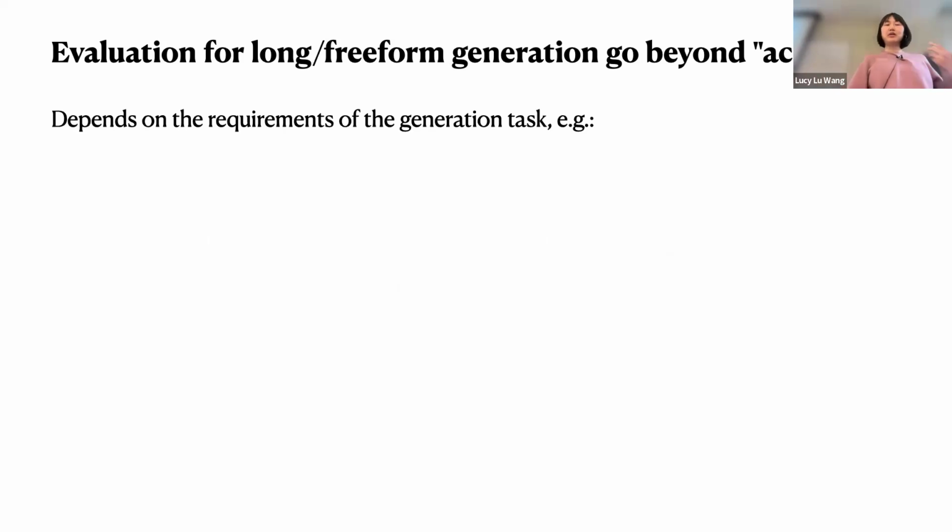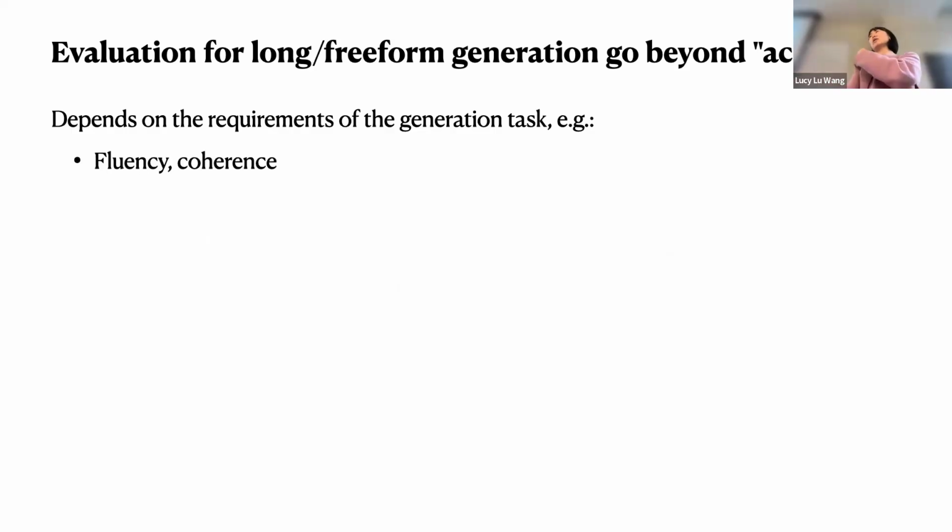The first thing I'll mention here is that evaluation for long form or free form generation tasks tends to go beyond accuracy or correctness. Not only does the answer have to be correct, whatever the model produces might also need to satisfy other requirements, depending on how the task is defined.